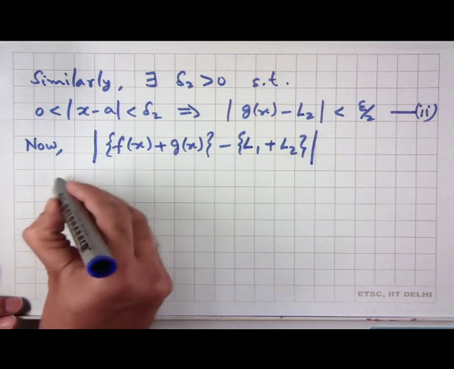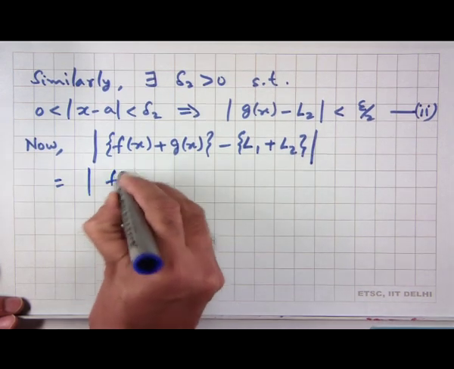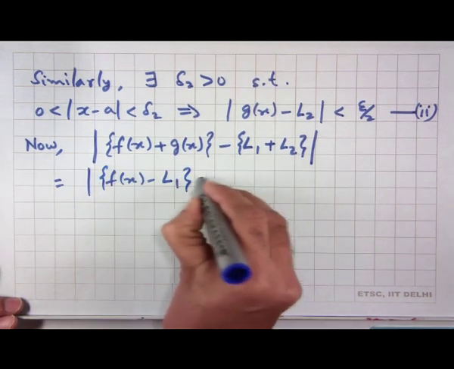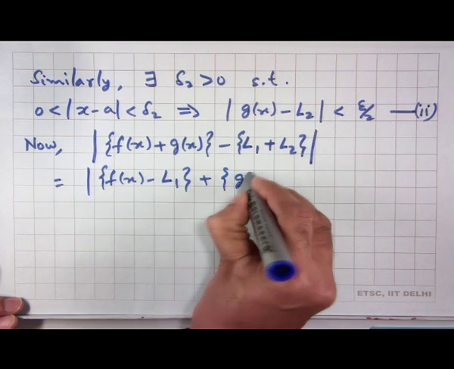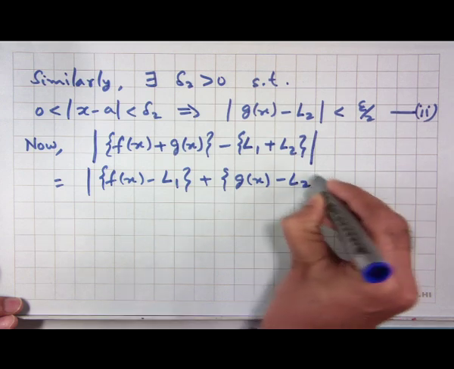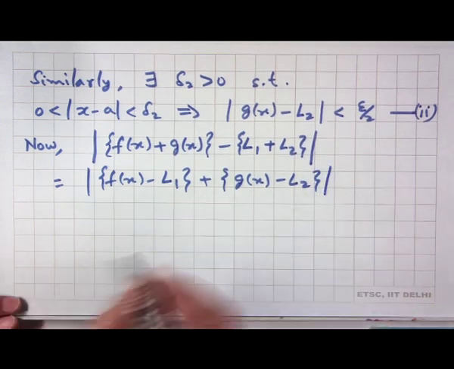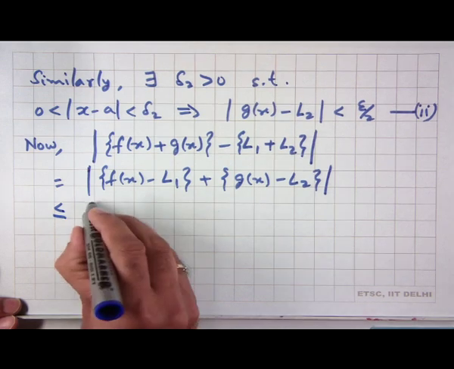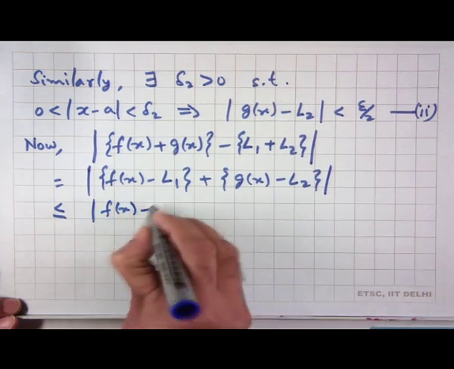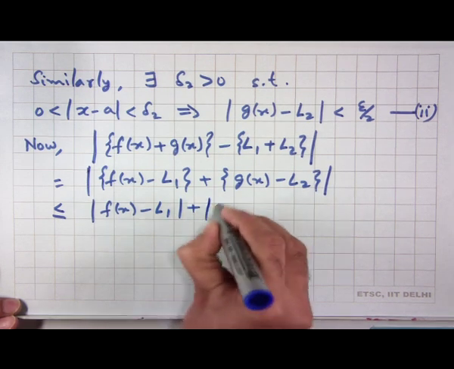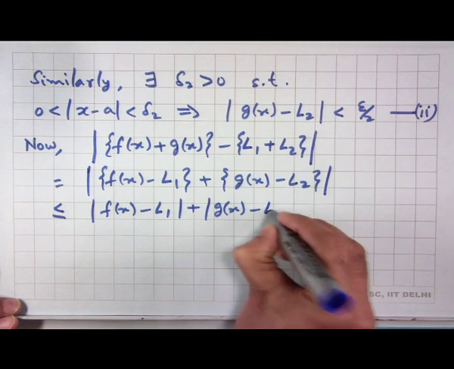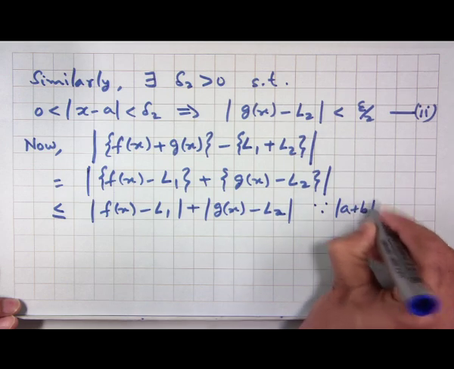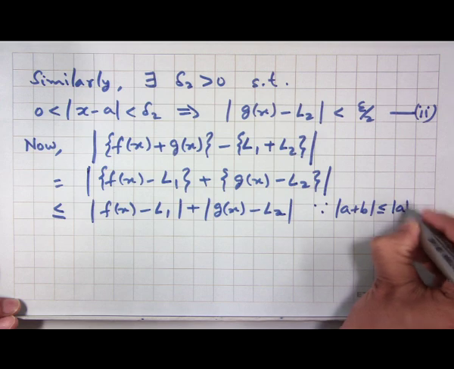This is equal to mod of f x minus L 1 plus g x minus L 2, and then we know that mod of a plus b, so this is less than or equal to mod of f x minus L 1 plus mod of g x minus L 2. This is because mod of a plus b is always less than or equal to mod a plus mod b.